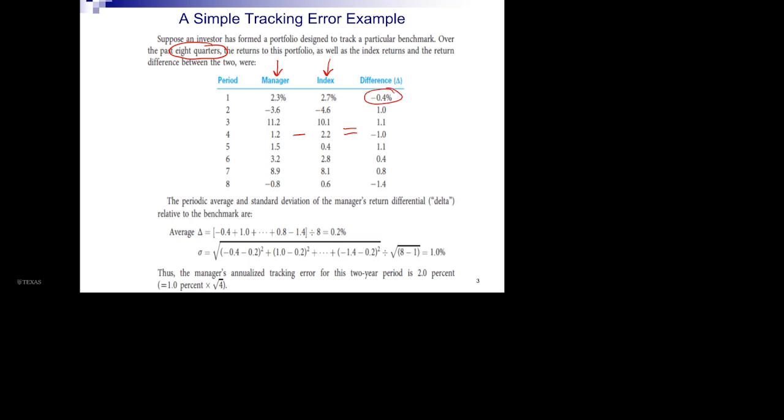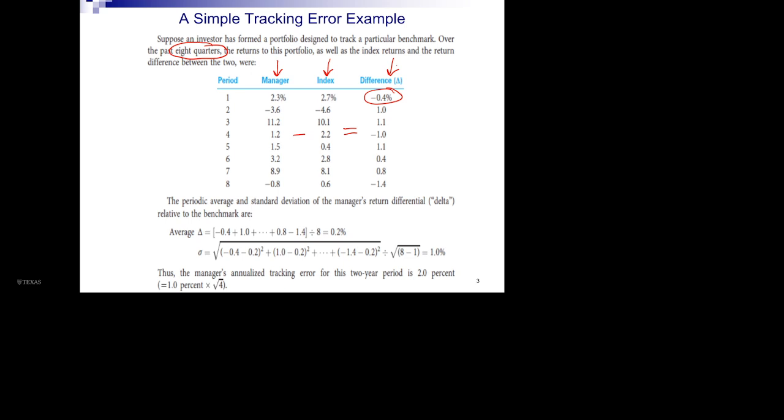She produced 2.3%, but the index produced 2.7, and so on throughout the whole thing. So it's this return difference column that we're actually going to focus on. And so what tracking error represents is essentially the standard deviation of that return difference column, that final column that you're looking at on the page here.